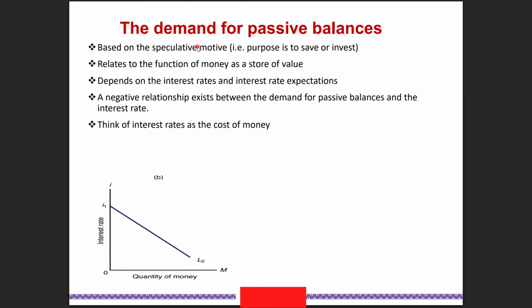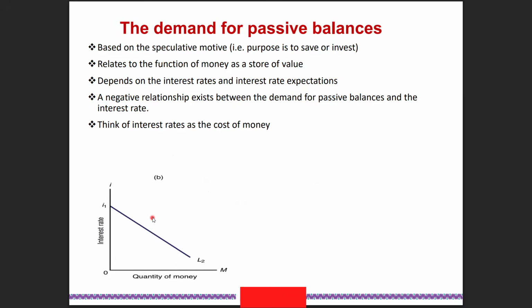And it's determined by the interest rate, where we said there's an inverse relationship between the speculative motive and the interest rate. If the interest rate is high, the speculative demand will decrease. If the interest rate is low, speculative demand will increase, right? Because if interest rates are high, we rather want to invest our money, right? So that we can get interest on our investment, right?